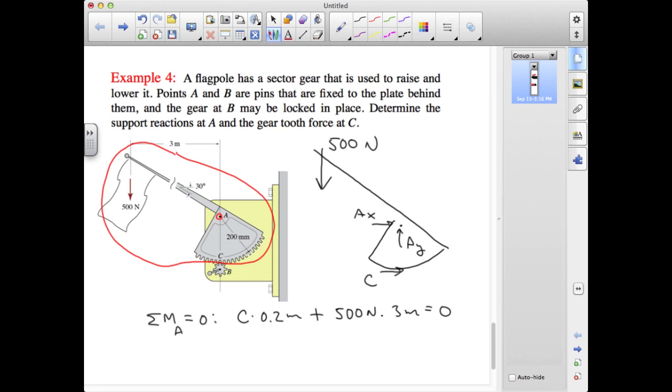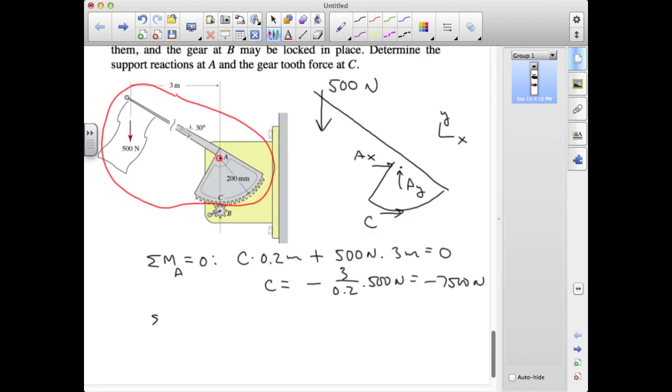And that tells us that C is equal to minus 3 over 0.2 times 500 newtons, and that number turns out to be minus 7,500 newtons. So C actually goes in the other direction. It acts in the negative x direction.